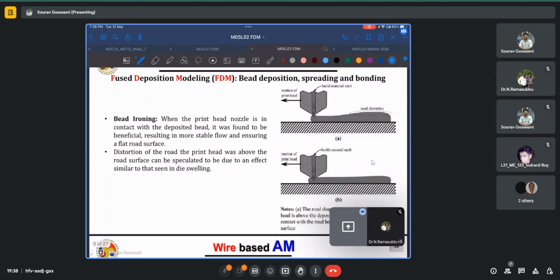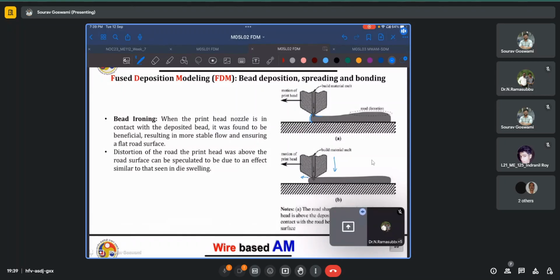In this context, the bead ironing phenomenon is often used. So what happens is, rather than simply depositing the molten material on top of the substrate, we also bring the tip very close to the surface to maintain the Z accuracy of the deposited bead. We see that without bead ironing, the melt is not deposited too far ahead of the nozzle. Whereas in the case of the downward motion or the bead ironing process, since it is now closer to the surface, some of the liquid melt is squeezed towards the front also.